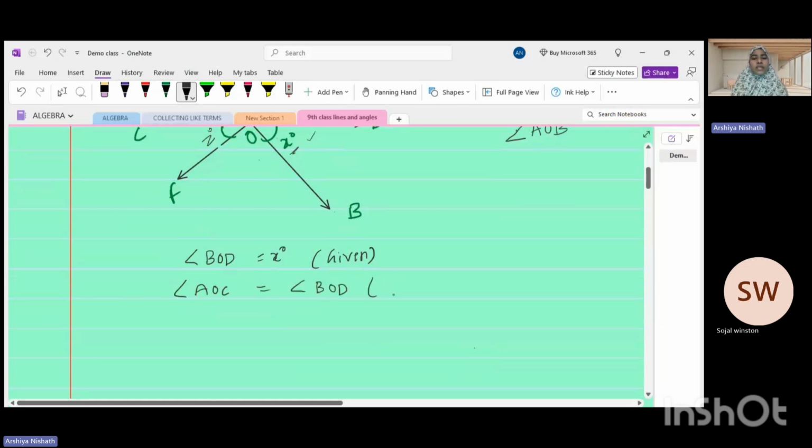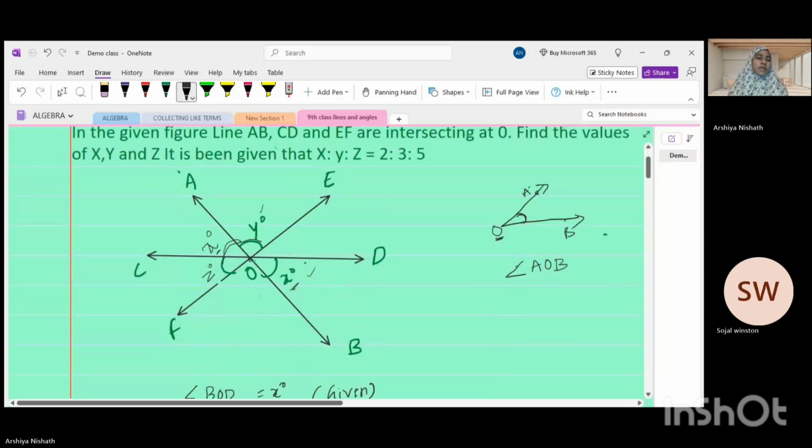Just now we discussed that they are vertically opposite angles, so they are equal. Vertically opposite angles are equal. So what can I write now? Angle AOC is nothing but BOD, which is X. So here I wrote that this angle is also X.